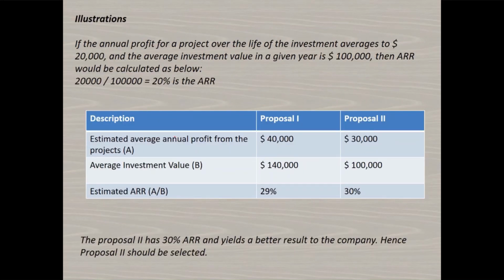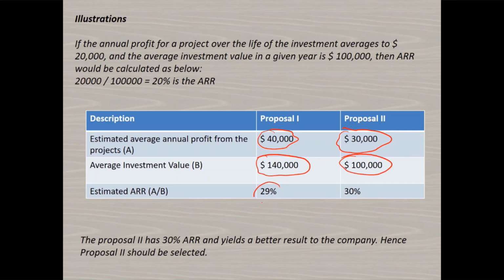One example we'd like to give: I've got a project which has an average return of 20,000, and the investment made is 100,000. The ARR is just 20%. Another example is two projects, one with an expected annual profit of 40K, and proposal 2 with an expected annual profit of 30K, and investment values of 140K and 100K respectively.